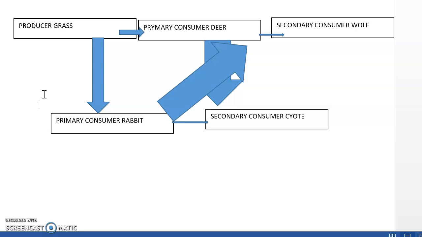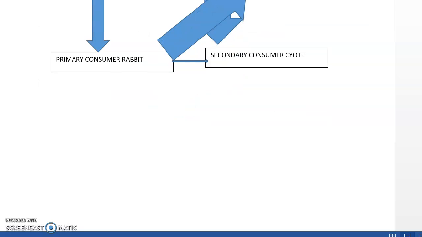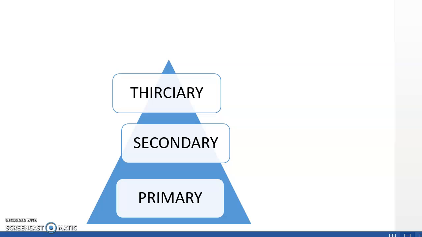So I'm going to go over it more in our presentation, but that is a rough go at a food web and a food chain, which would be right here. Your food web is the whole entire thing, and as well as your energy pyramid down here.